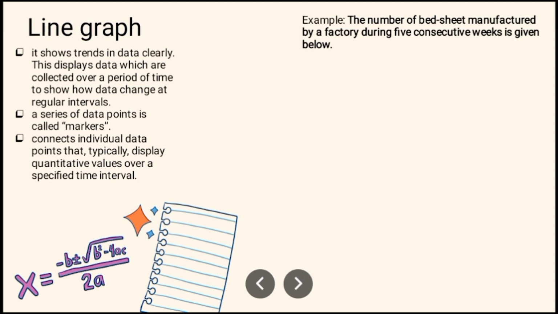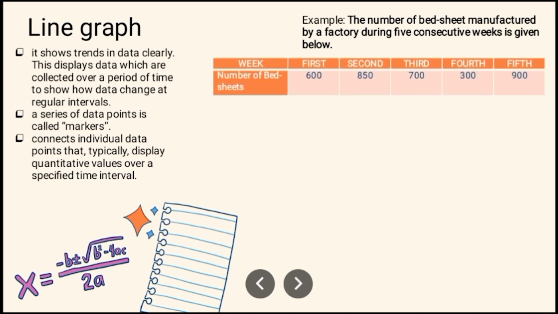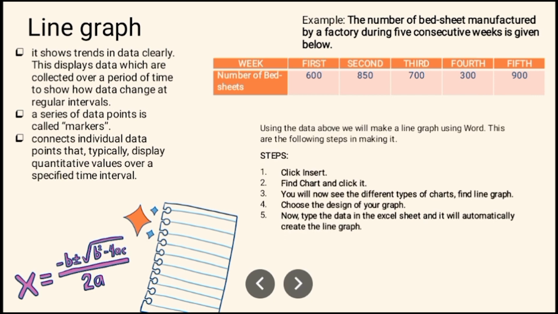So example, the number of bed sheets manufactured by the factory during 5 consecutive weeks is given below. These are the data, same as the example for the histogram. So using the data above, we will make the line graph using Word.